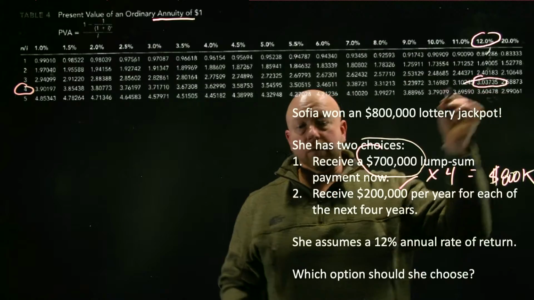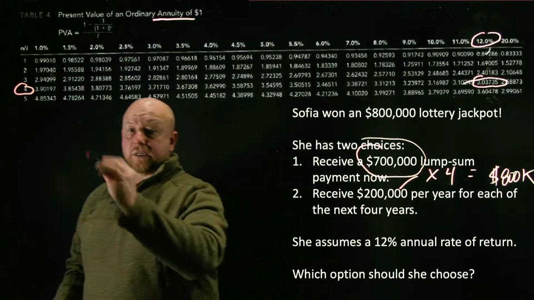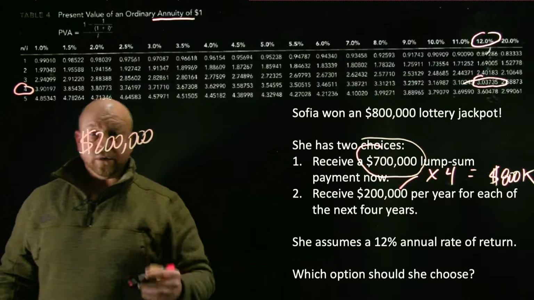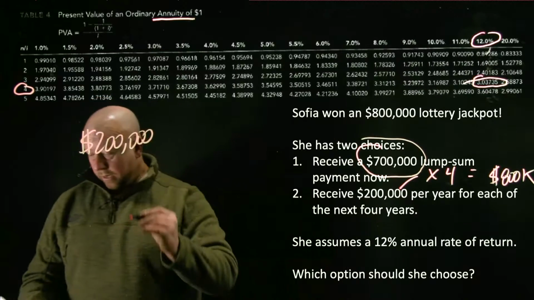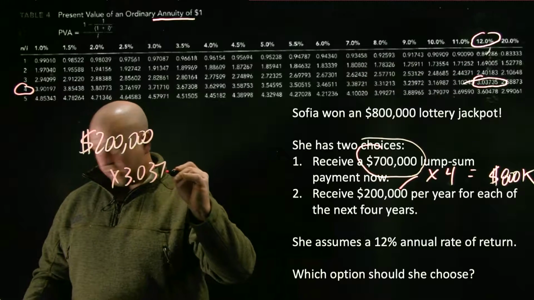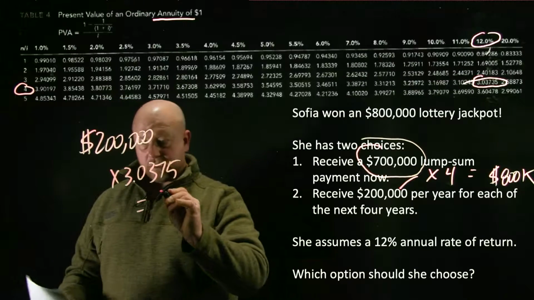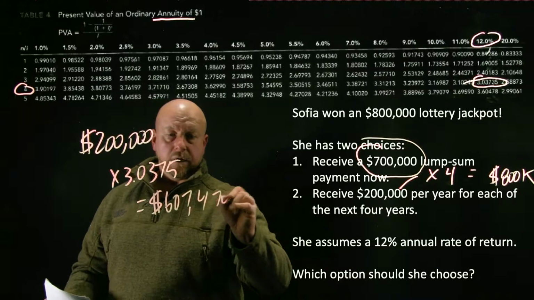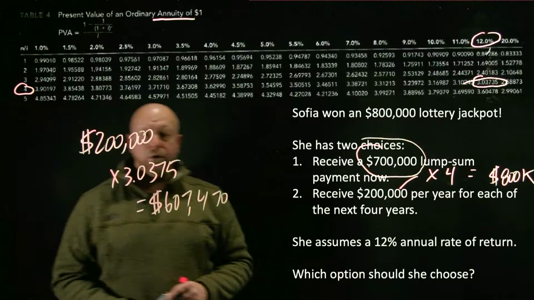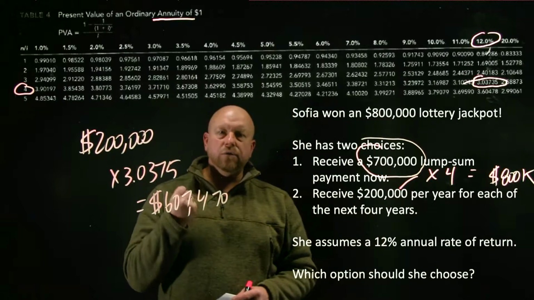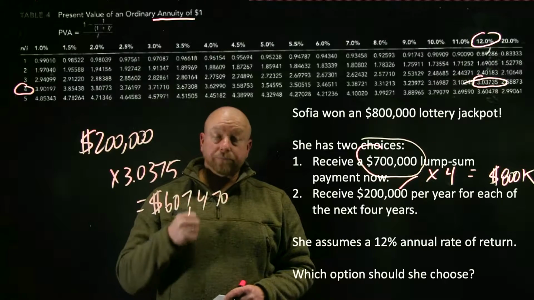And then all you basically do is take the periodic payment, which in this case is $200,000 per year, multiply that times the multiplier, the factor in the table, and we can see that the present value of this stream of cash flows is somewhere a little north of $607,000.